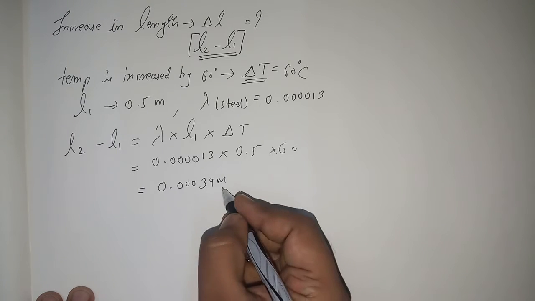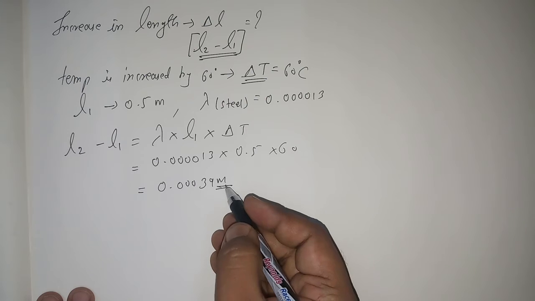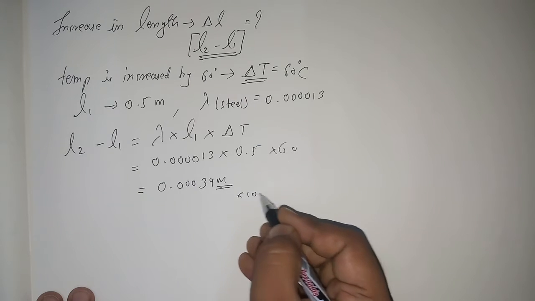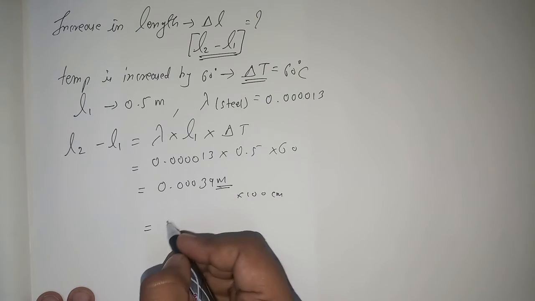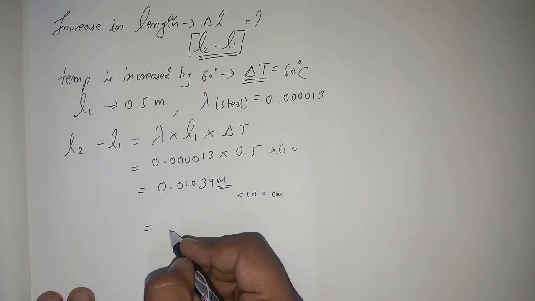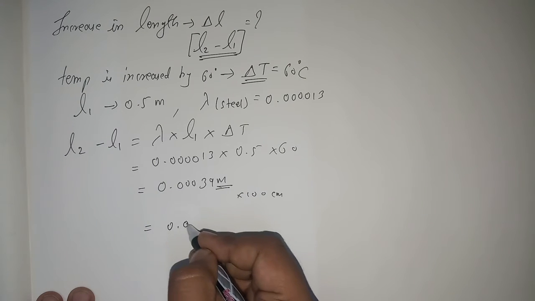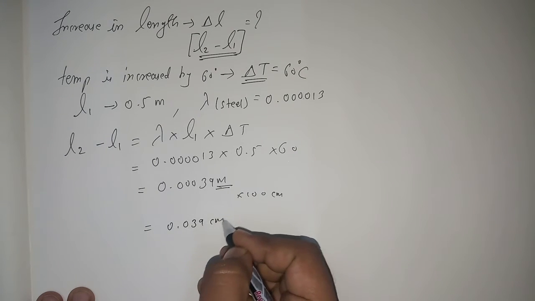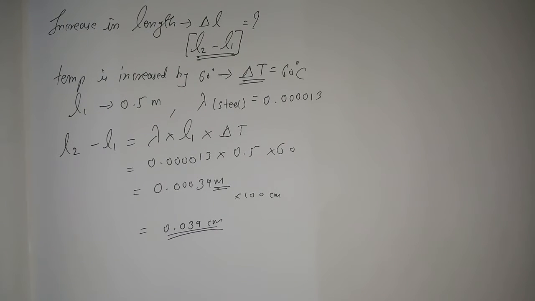If they ask you what is the increase in centimeter, what we do is multiply by 100. So we'll get the answer in centimeter. 100, 2 decimal shift, so 0.039 centimeter.